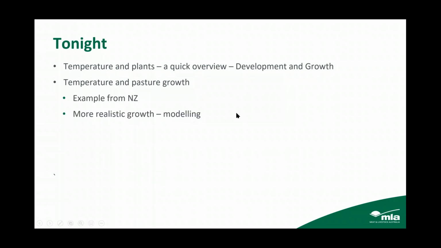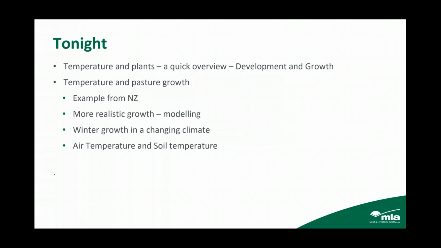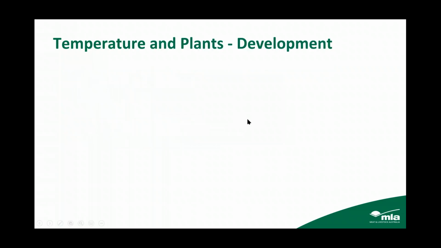Then some work I've done recently looking at winter pasture growth rates through time in a changing climate. I won't look at air temperature versus soil temperature; I've given up that one. But we'll also look at some of the reasons why we might get a response to nitrogen even though it's cold, because that was one of the briefs I was given as well.